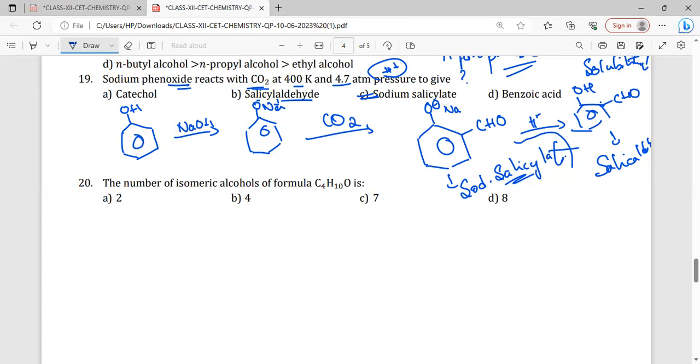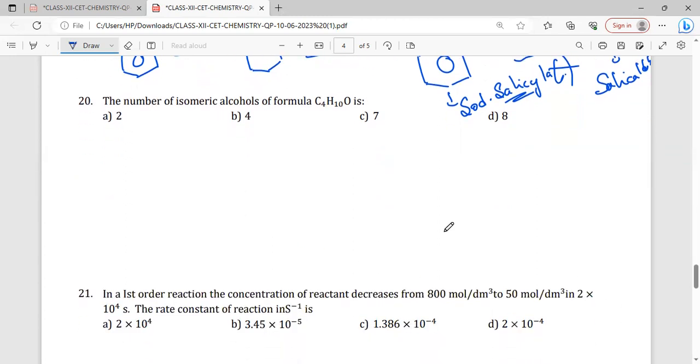Coming to the last question regarding this topic. The number of isomeric alcohols of formula C4H10O. Okay, I can write CH3, CH2, CH2, CH2OH.